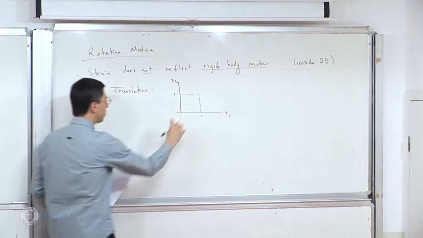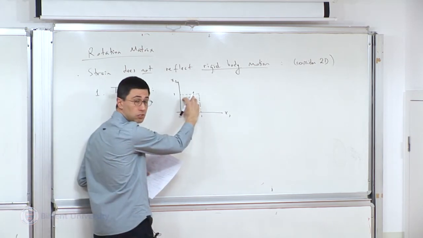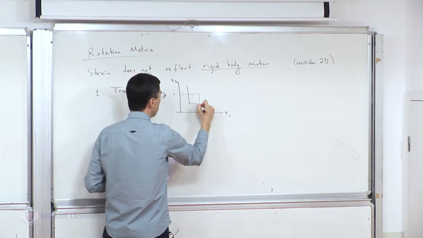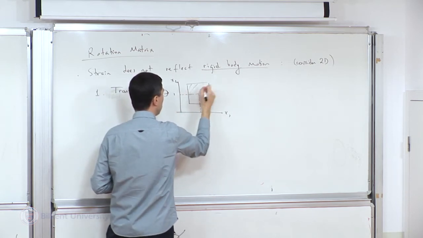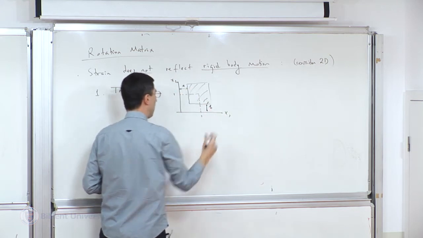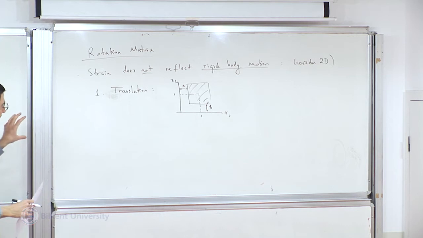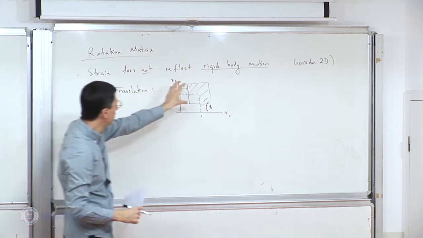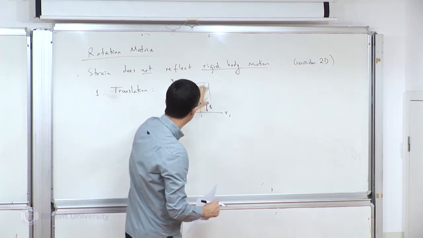And now this object gets translated up and right by a certain amount, let's say A and B. So that's all it's doing. It's not changing its shape. It's not rotating, it's just being translated.